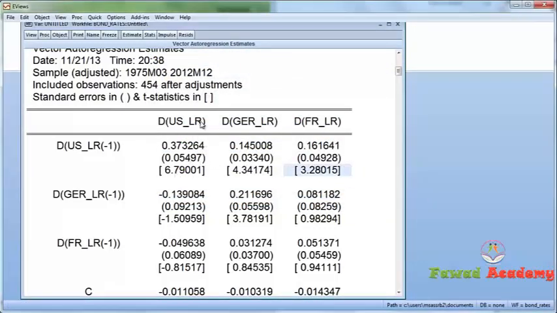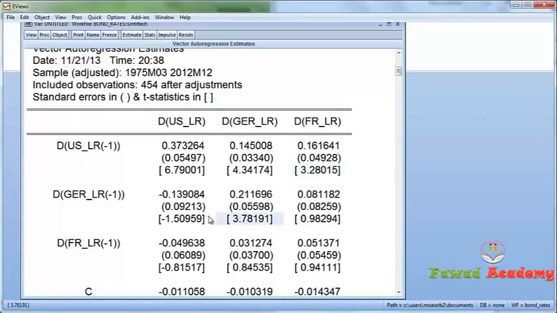3 equations. Now let's look at the 1 period German lag. Turns out this is only significant in the Germany equation.